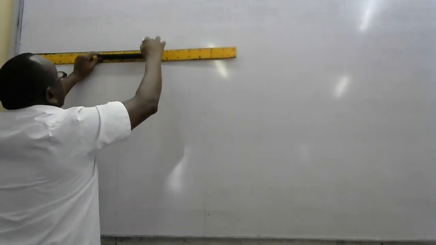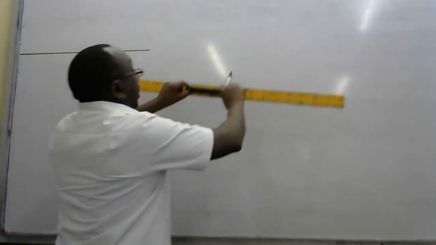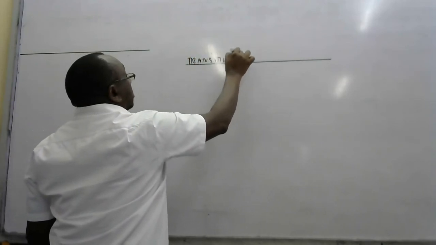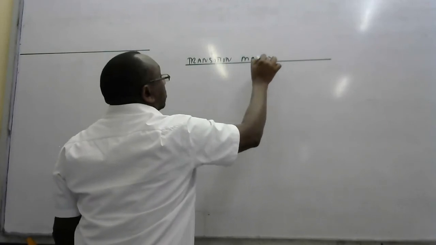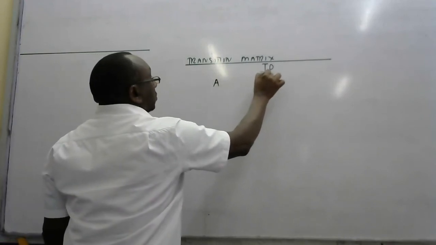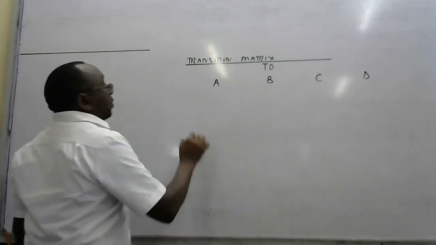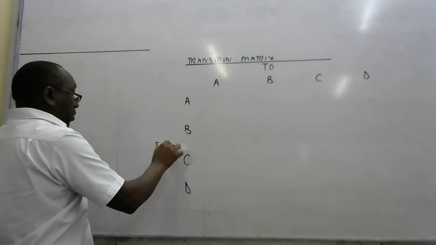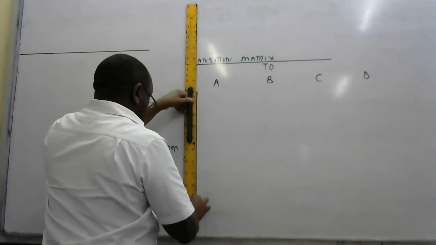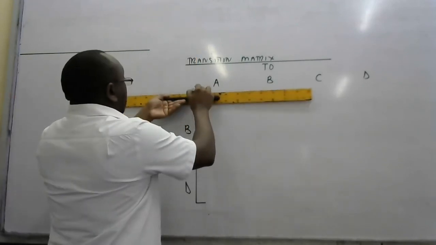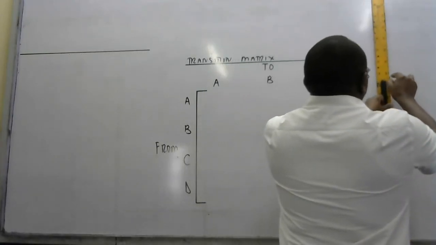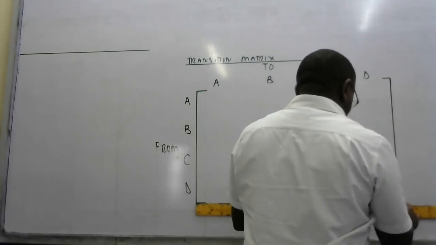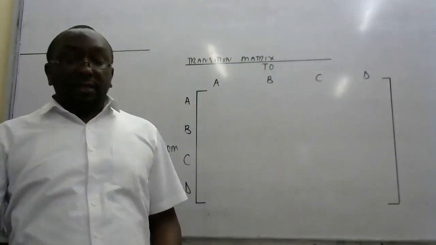Transition matrix. So we have 4 states here. The design.